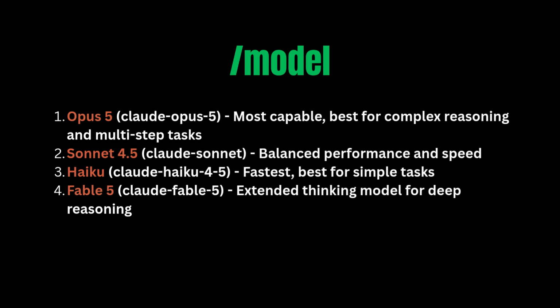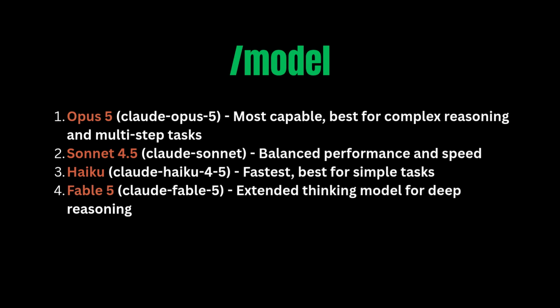And then comes the Sonnet 4.5 or Sonnet 5 we have today. These models are very balanced for performance and speed, and on the token front as well, they are very much optimized. So Sonnet 4.5 or Sonnet 5 are very good for your day-to-day tasks because they can save you a lot of tokens, and they are pretty stable and good for handling all your development related stuff.